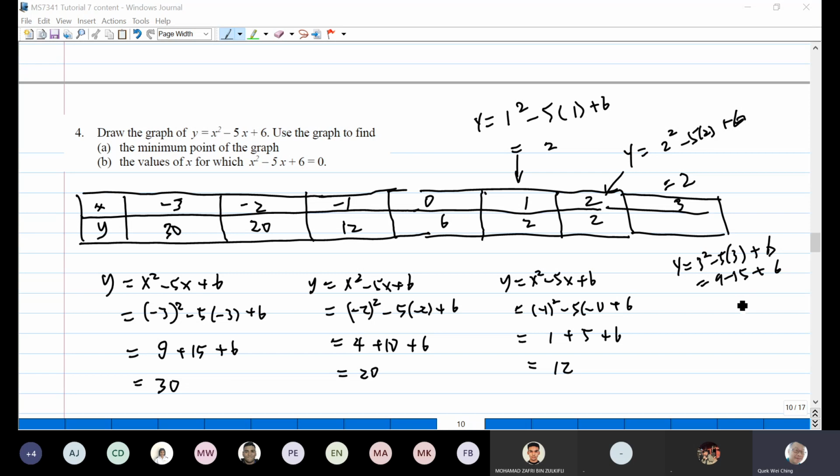Minus 6 plus 6, you get 0. Yeah, correct. 3 squared is 9, 9 minus 15 is minus 6, plus 6 equals 0.